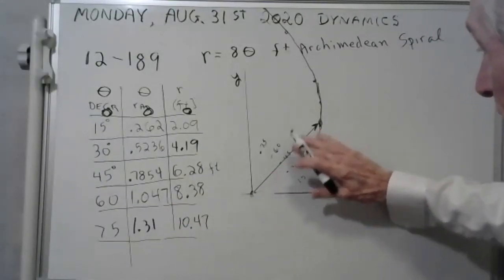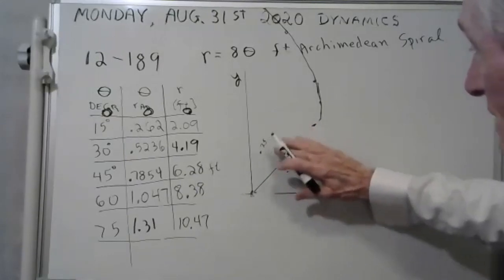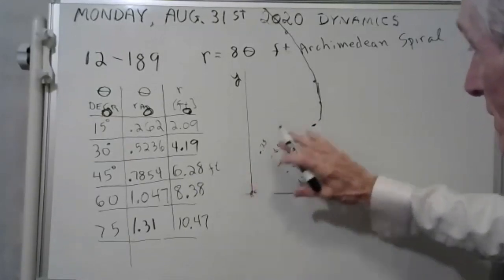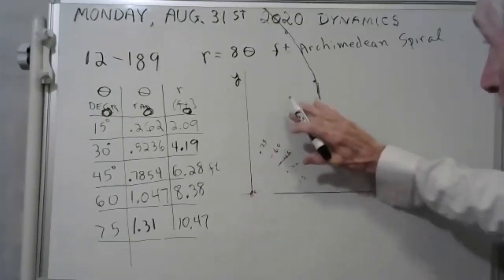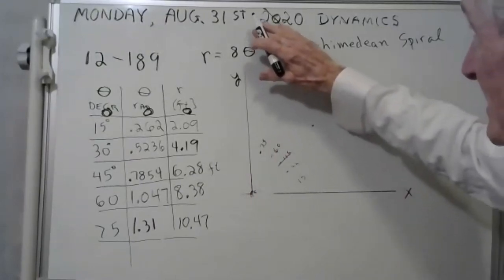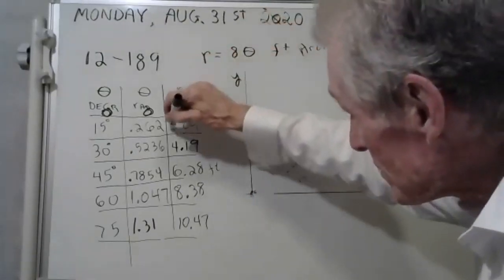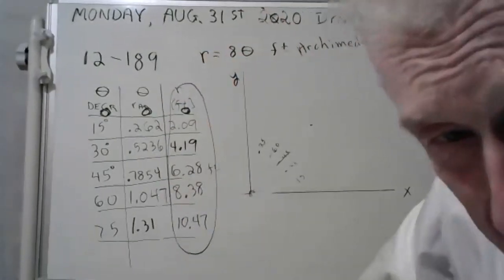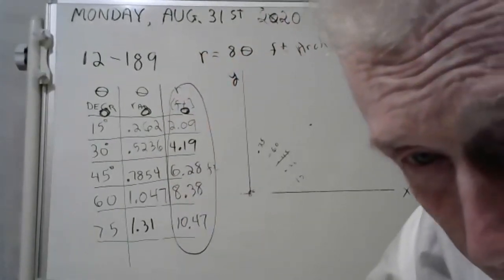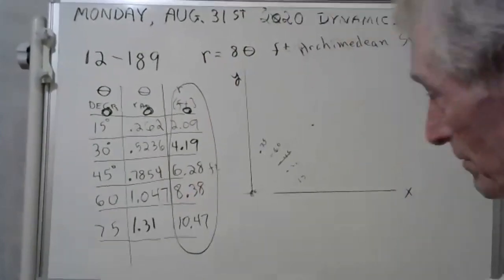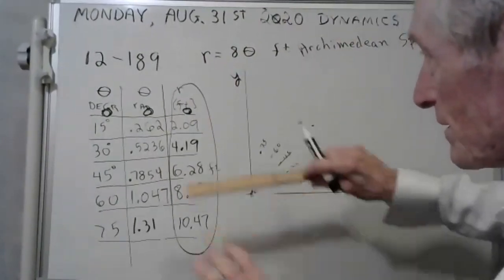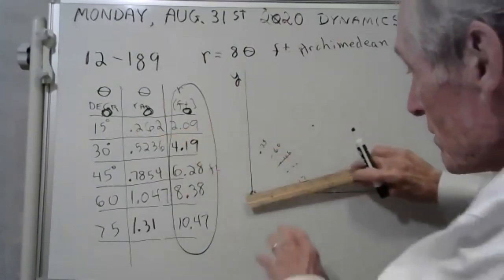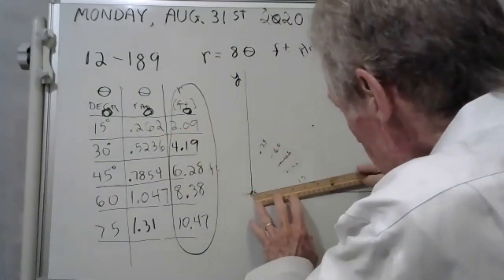Sorry. Let me get it right. I think I had those right. I need these numbers for the R. Somebody out there, please help me stay awake and let me do this right. Okay, now at 15 degrees, I think I did that one right.